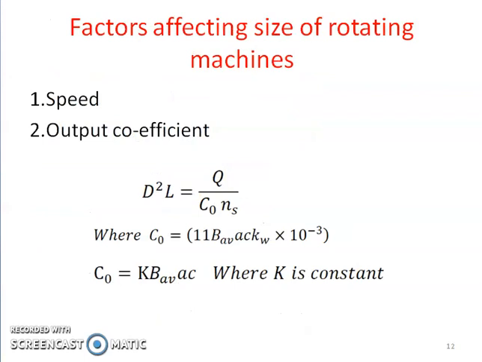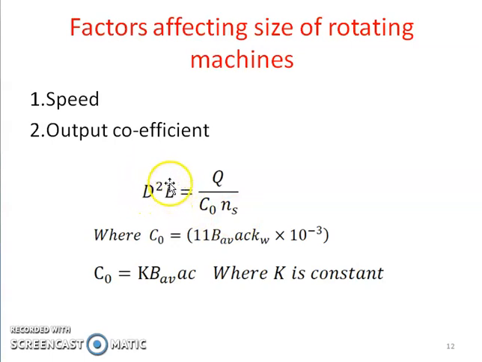Then what are the factors which affect the size of rotating machines? As per this equation, for the same output, the size of the machine depends upon two factors. One is synchronous speed, another is output coefficient. If the designer chooses a higher value of synchronous speed, then the product D square L will be small.